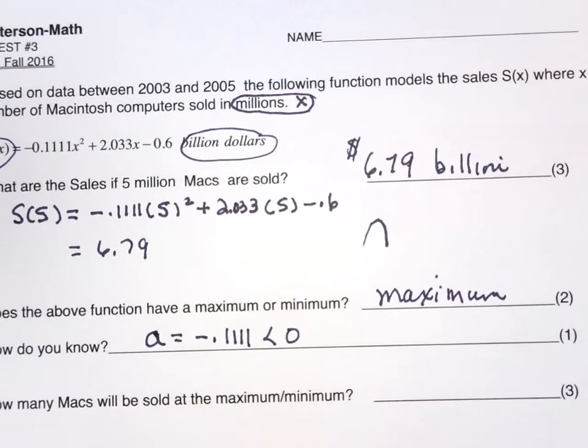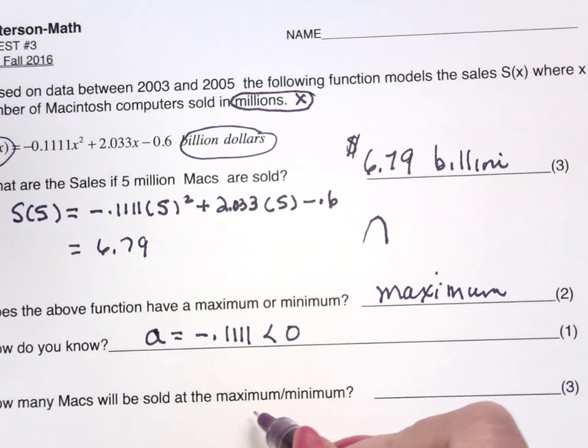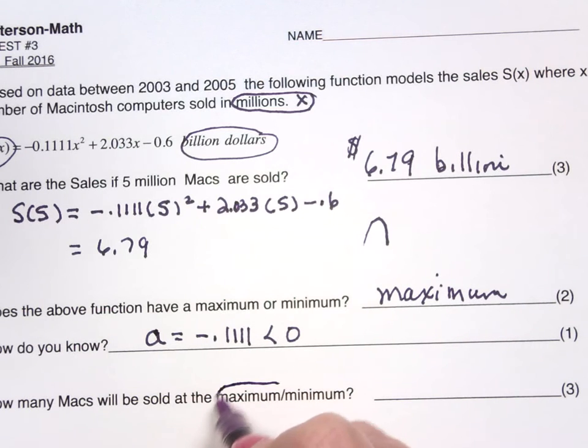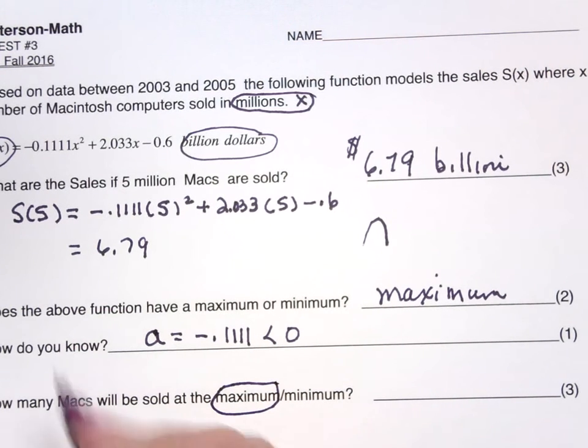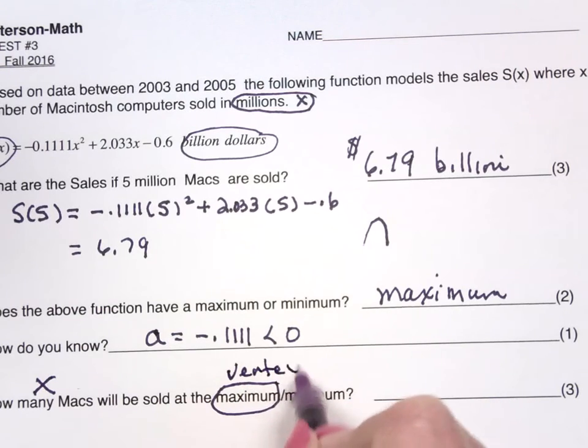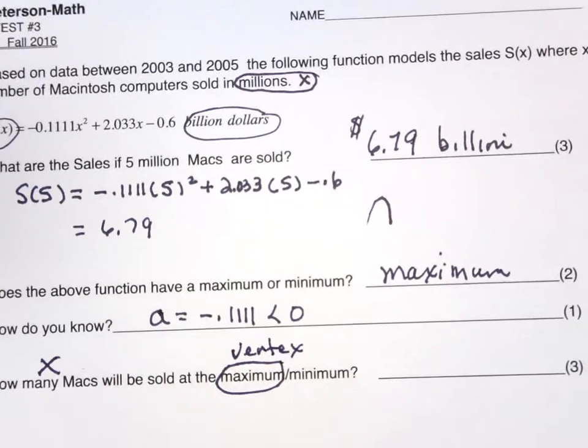How many Macs were sold at the maximum? It says how many Macs, so how many Macs is the x. Maximum means vertex, so I'm looking for the x-coordinate of the vertex.